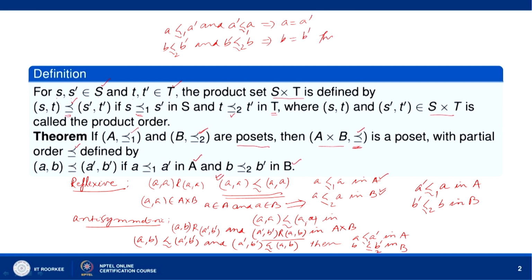Thus, (a, b) is equal to (a', b'). So, that is the proof for the antisymmetric property. Now, let us go to the transitive property.